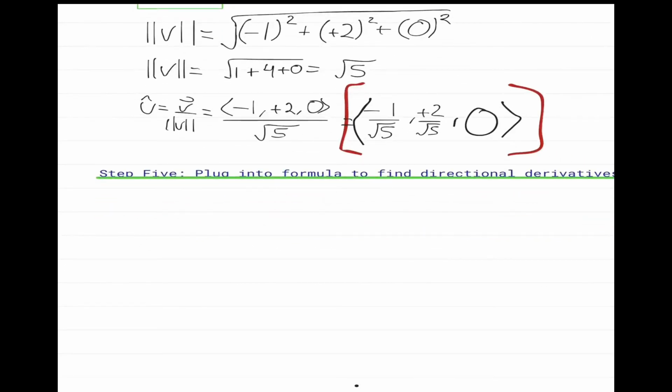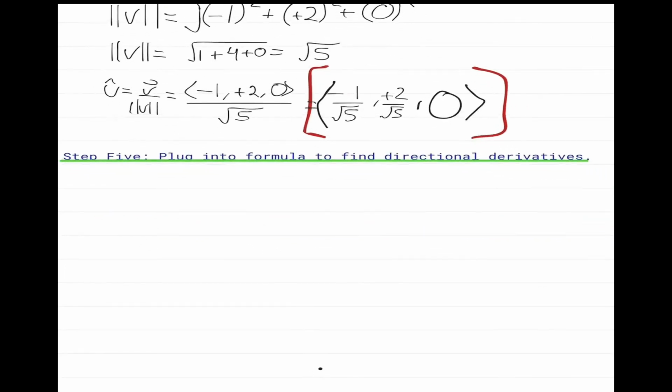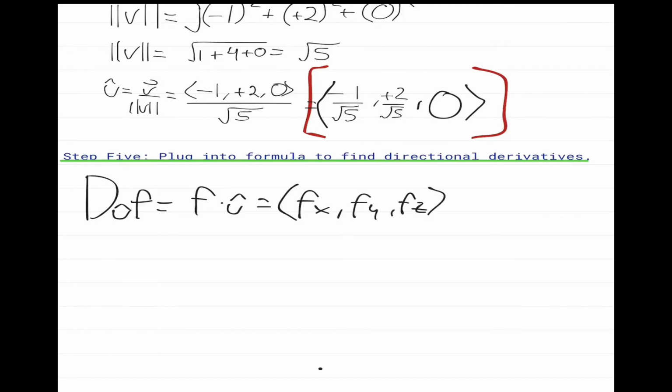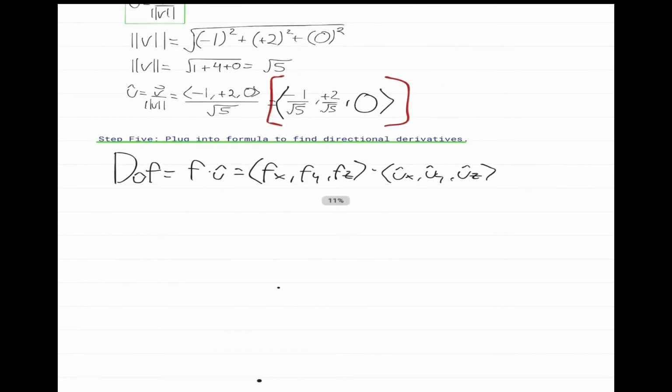we're going to go ahead and plug them into the formula to find directional derivatives. So again, we know the formula is this right here, and we know this is simply partial x, partial y, partial z dotted with the unit vector with respect to x, the unit vector with respect to y, and the unit vector with respect to z.